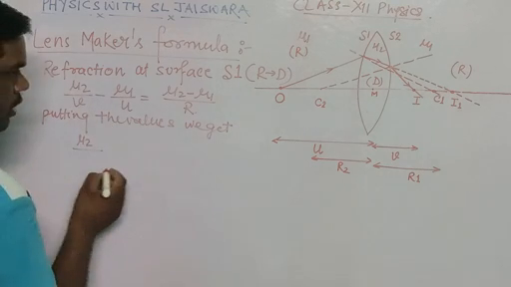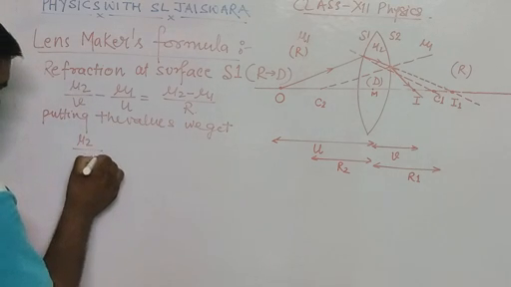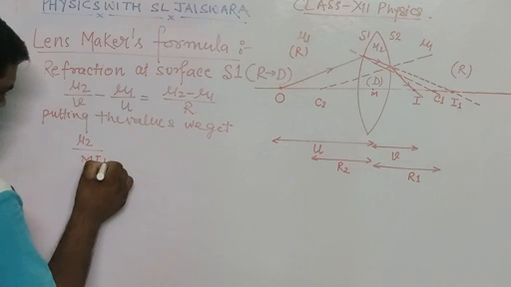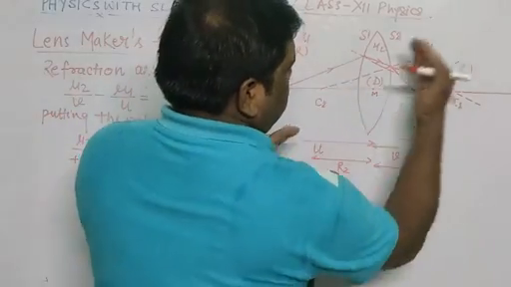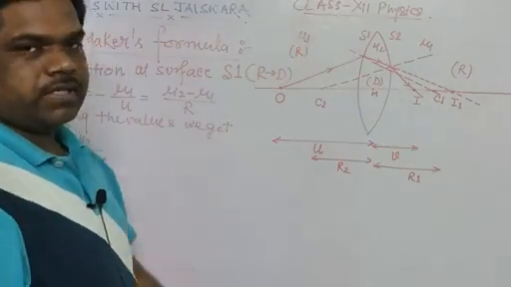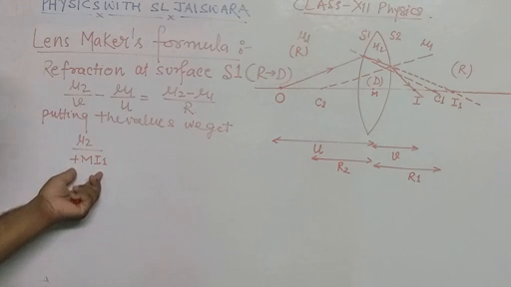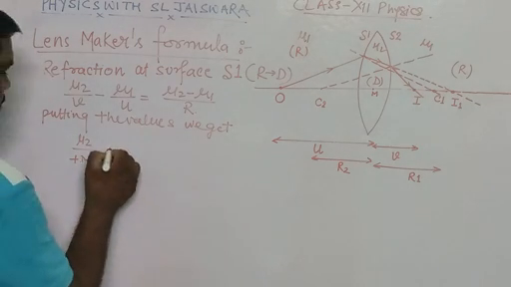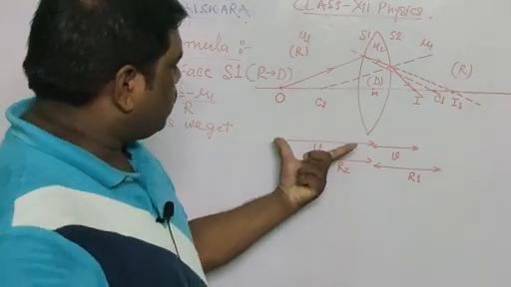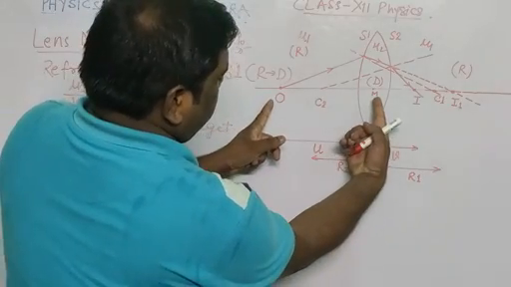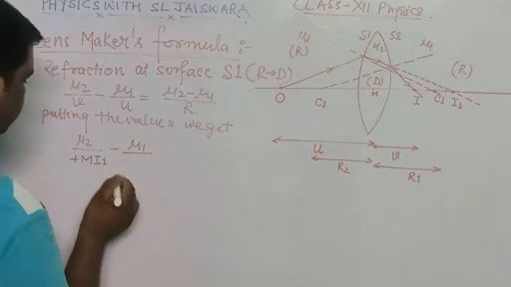So V means MI1. What will be the sign of MI1? See, this is just on the right side of this convex lens, so the sign will be positive. Minus mu1 upon U. U is the object distance, so object distance will be MO.